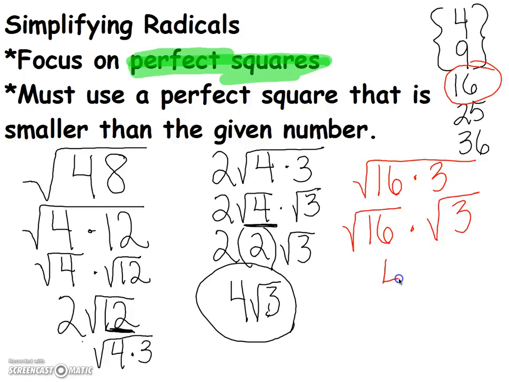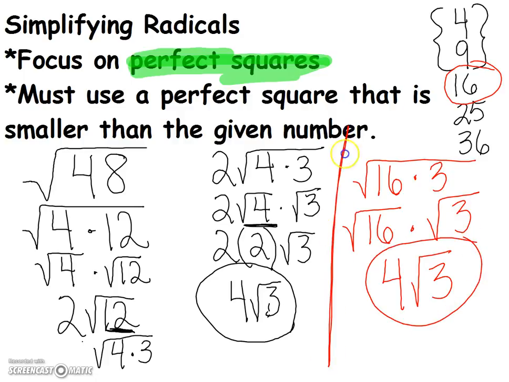Square root of 16 is 4, and I get 4 square root of 3. Once again, for the square root of 3, we don't have any perfect squares that are less than 3. So this is my final answer. So what you see here are two different methods for simplifying the square root of 48. Either method gives us the answer 4 square root of 3.